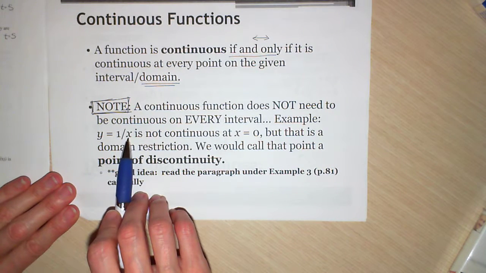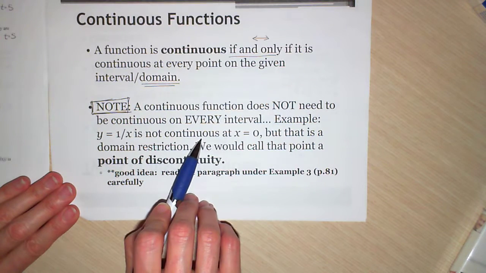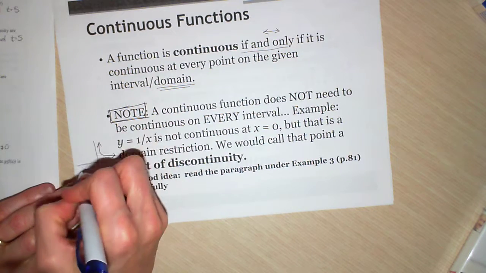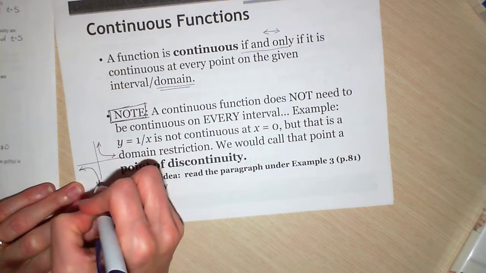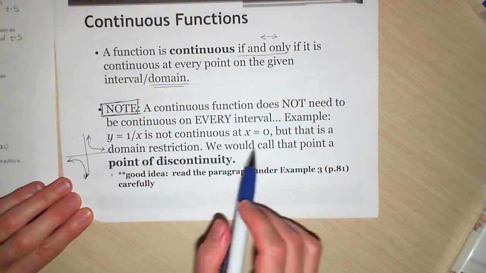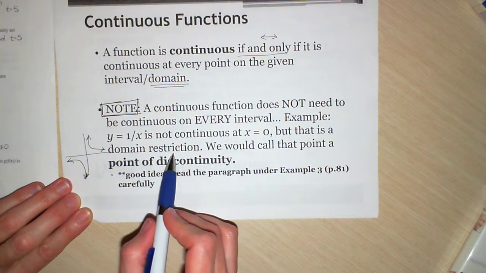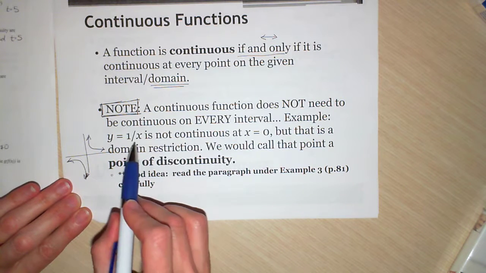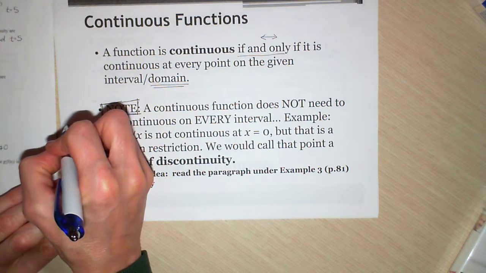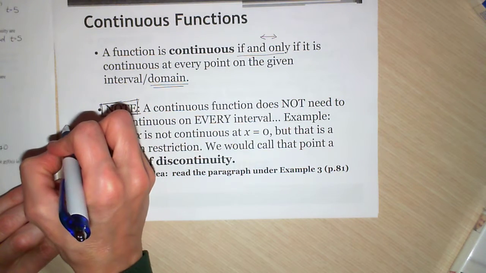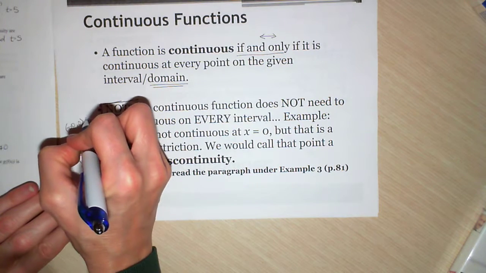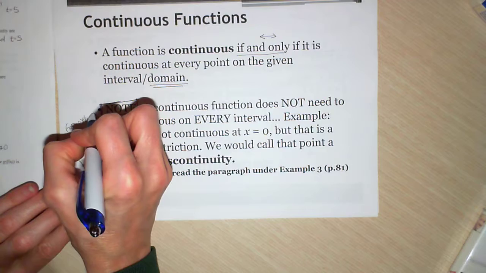So for example, 1 over x is not continuous at x equals 0, right? That's 1 over x. And we have a vertical asymptote at x equals 0. But that is a domain restriction. So the domain of this function is x is part of all real numbers, so remember, the domain would look like this, union 0 and infinity.